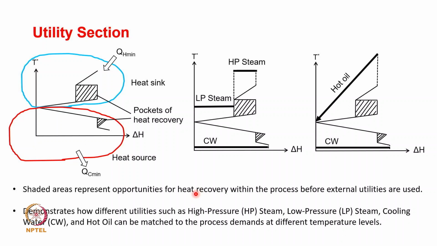In this curve, the shaded areas are the pockets of heat recovery, in which we can recover the heat within the process before the external utilities are required. So this is where we can do internal recovery by means of integration, and beyond that, of course, you have to add the utility. This part remains the hot utility, and this part remains the cold utility.